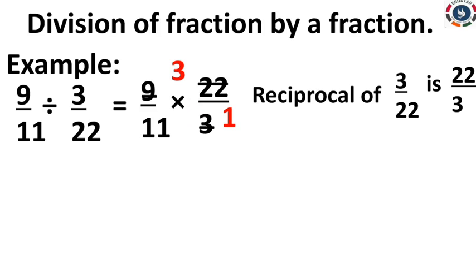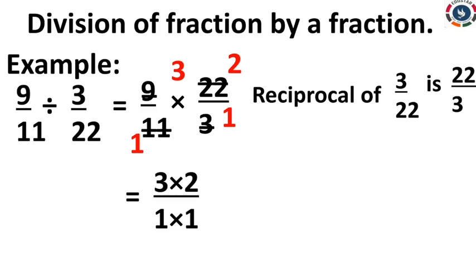So cancel 22, write 2 at the top, and cancel 11 and write 1 at the bottom. So all cancelled. Now take and write the numerator values and the denominator values: 3 into 2 divided by 1 into 1. 3 twos are 6, and 1 one is 1. So it is equal to 6 by 1, that is 6.